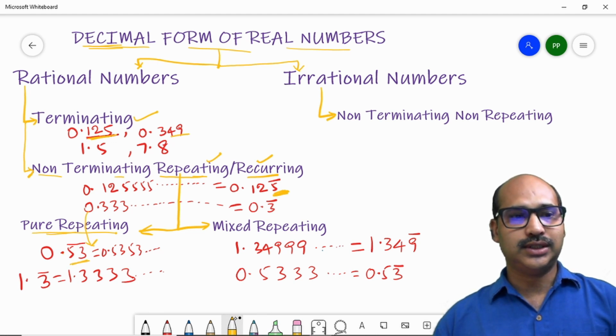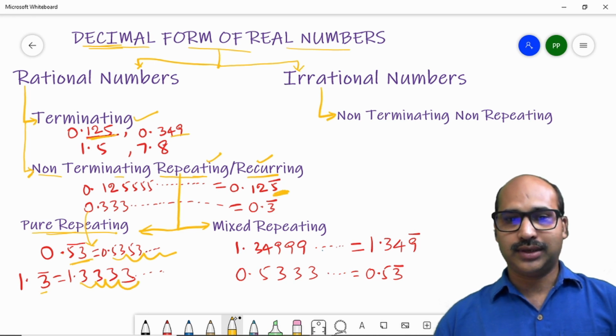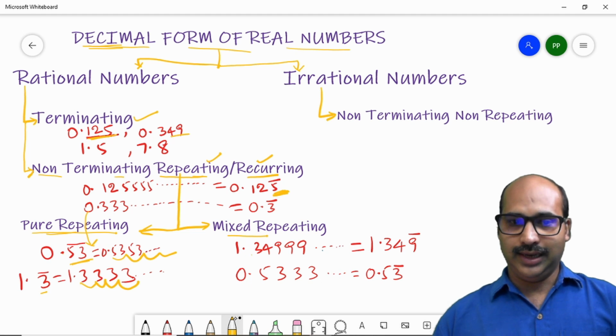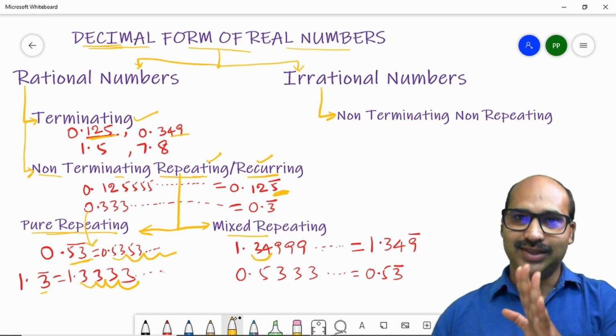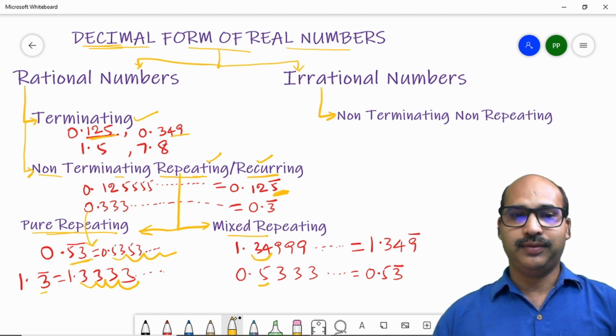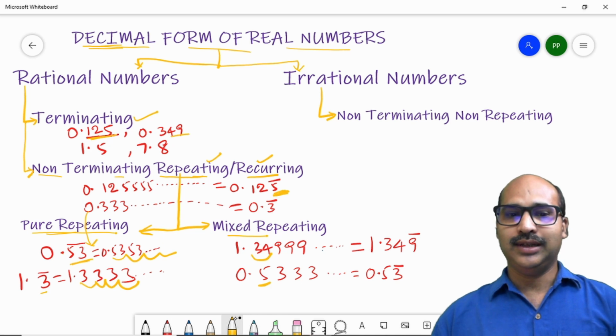So here what you can observe, in this pure repeating case, after the decimal, what are the digits? Here 53, those 53 are continuously repeating. Here after the decimal 3 is there, that 3 is continuously repeating. But here in this mixed repeating case, after the decimal at least one digit is not repeated. Here 5 is not repeated, 3 is continuously repeated.